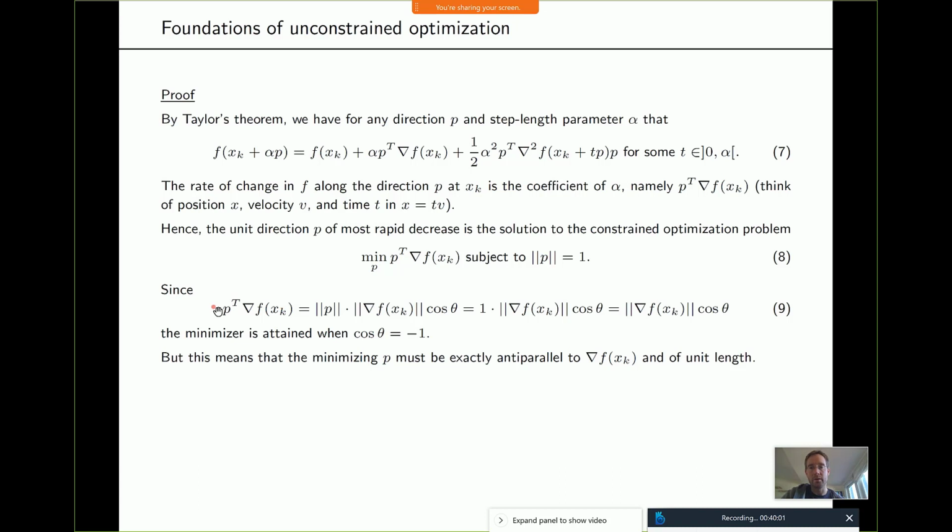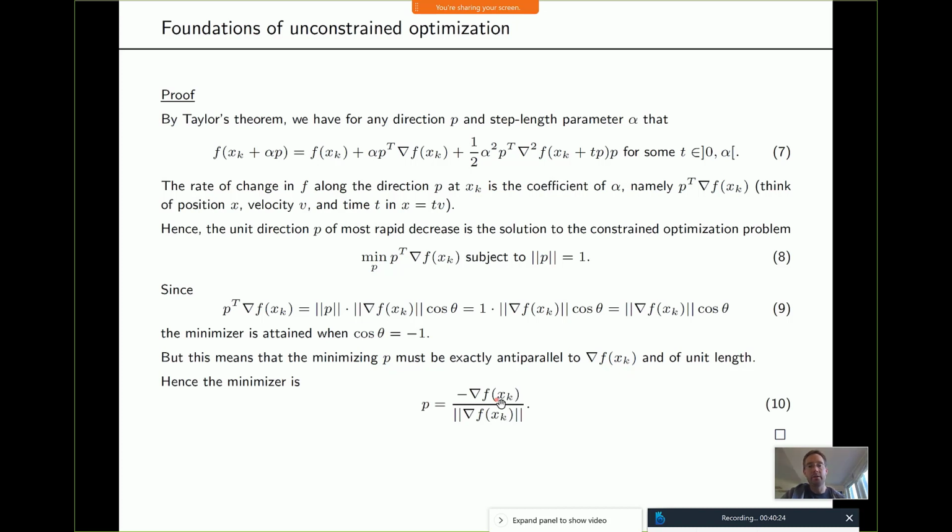So you want to make it in such a way that the cosine between these two vectors is -1, which implies that p and the gradient are exactly antiparallel.